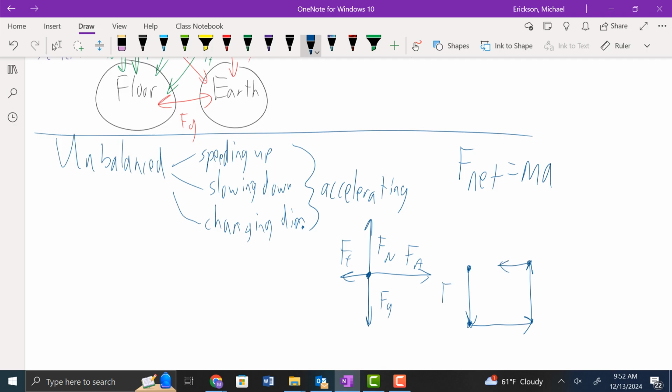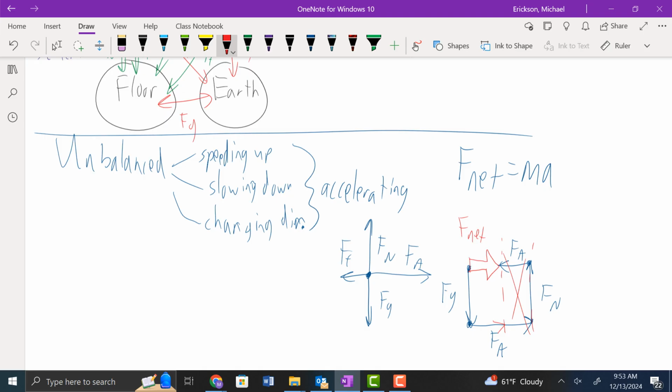I don't know the numbers. I'm just kind of making this stuff up, but I want to emphasize, hey, I am speeding up to the right. If this part canceled out with this part, I'm left with still this much FA, and I have this gap here. I'm left with an F net. What is F net? I add up all these forces and they end up one way or the other.